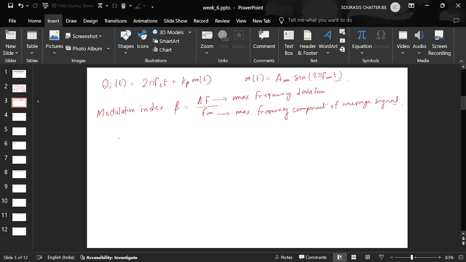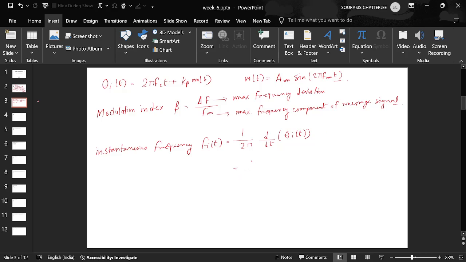For that we have to find the instantaneous frequency. So the instantaneous frequency fi(t) has this following expression: 1 over 2 pi d/dt of phi_i(t).